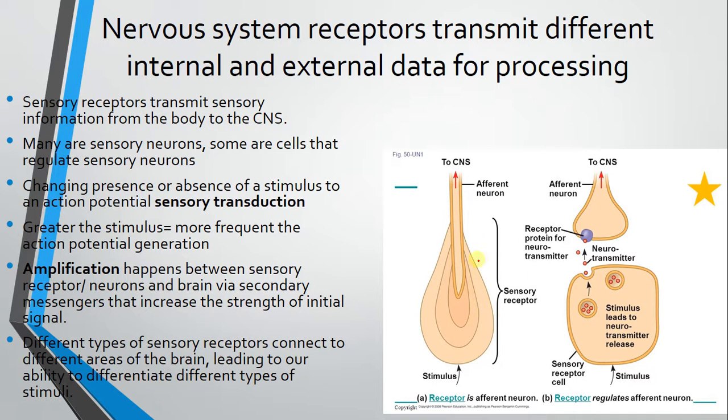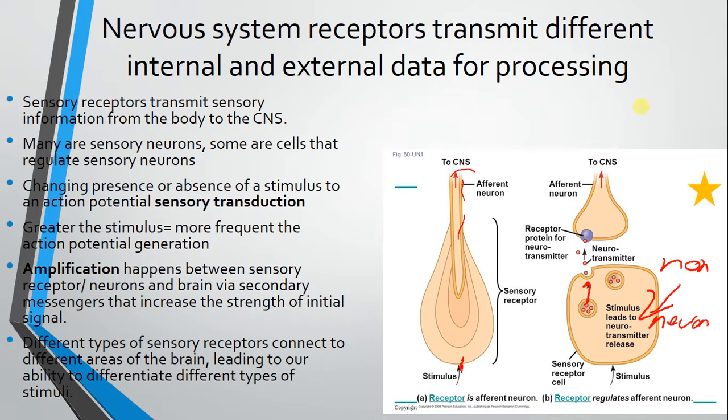So here is an actual sensory receptor that, via stimulation, induces an action potential to the CNS. In a sensory receptor cell, a stimulus leads to neurotransmitters being released from a non-neuron, and that then stimulates a neuron that has a receptor, an afferent neuron, that then continues the pathway to the CNS.